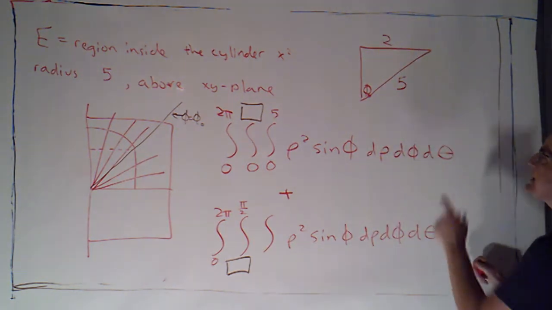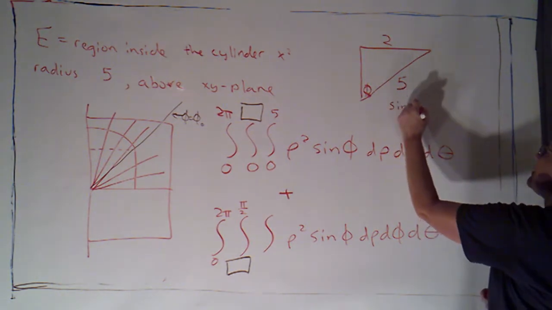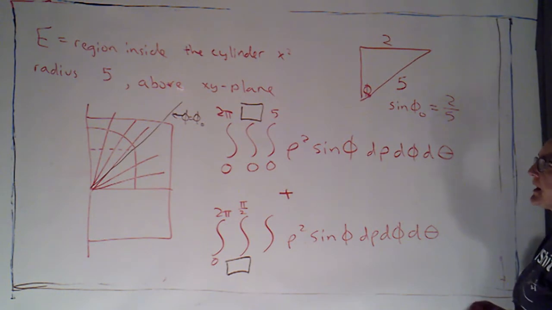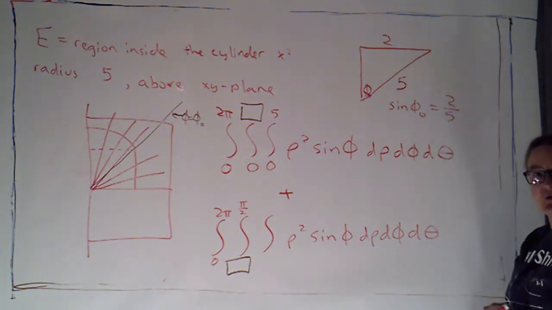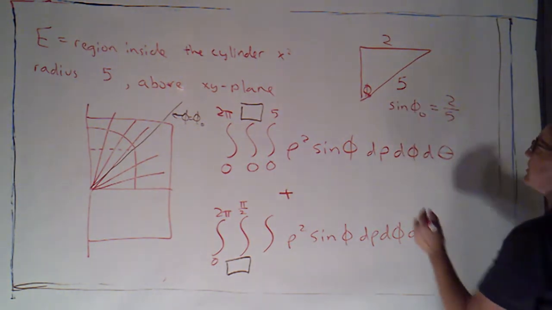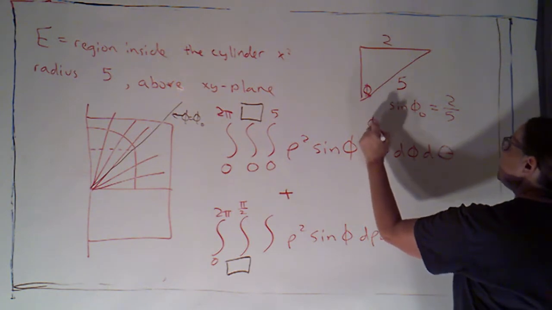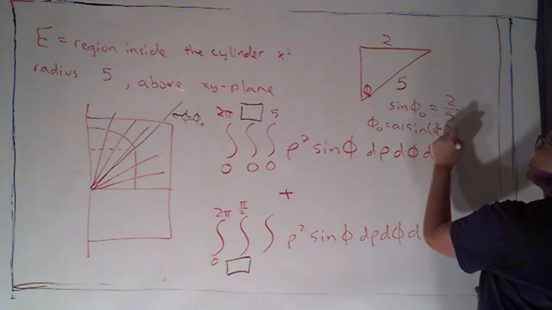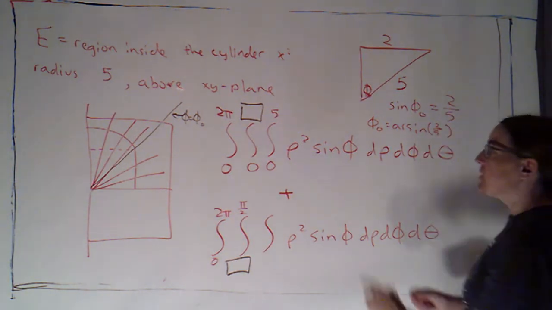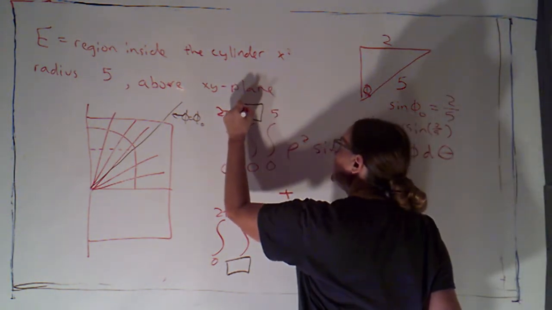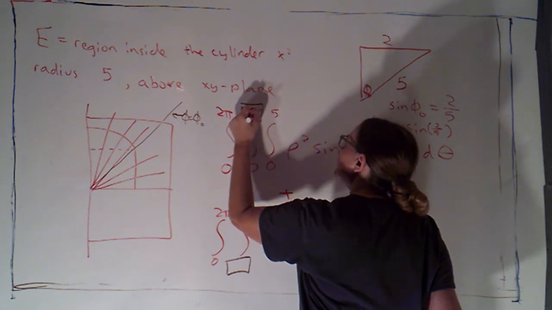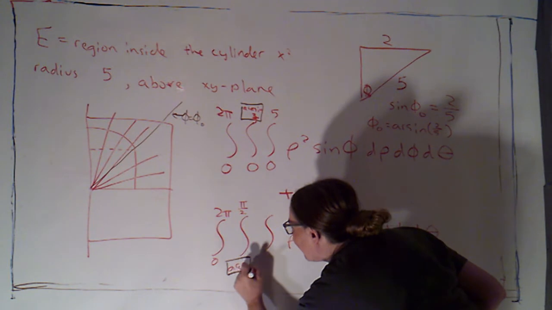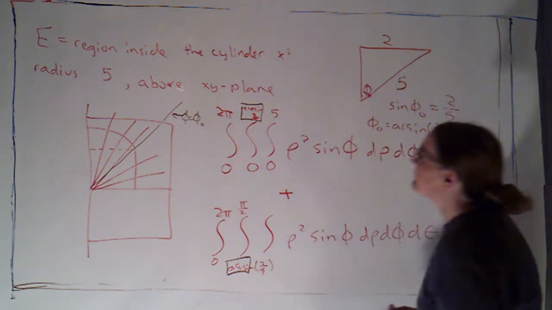So I'm able to now see that sine of phi naught is 2/5. Now I can see phi naught is an acute angle, so it's in the range of arc sine. So I can say phi naught is arc sine of 2/5. So here we're going to go until we hit arc sine of 2/5, and here we're going to pick up at arc sine of 2/5.